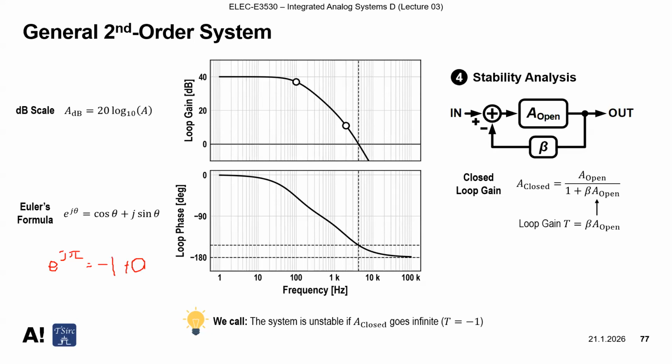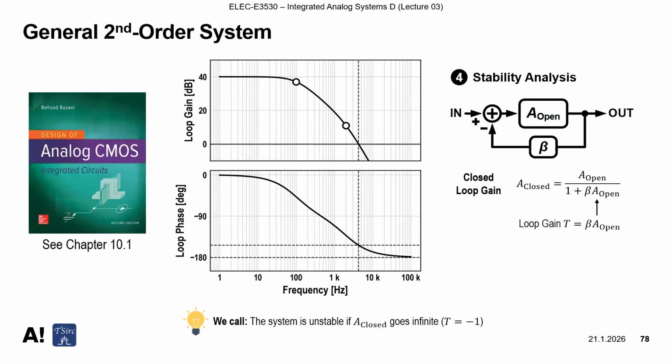This describes one of the most beautiful formulas in human history when you search on Google. Anyway, if you cannot recognize what is happening here, you can check chapter 10 of this very nice book, Professor Razavi's textbook, Design of Analog CMOS Integrated Circuits.